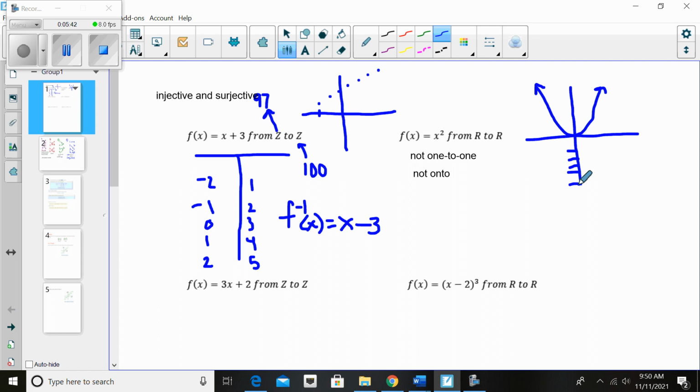And so then you might wonder, how is it possible that we talk about the inverse of f of x equals x squared? The inverse of squaring is square root, right? So we do talk about an inverse function for this.